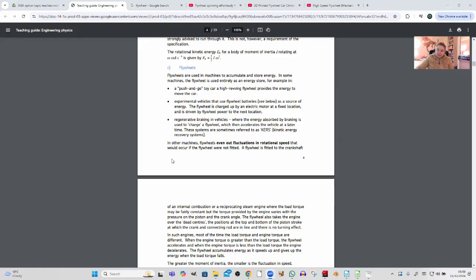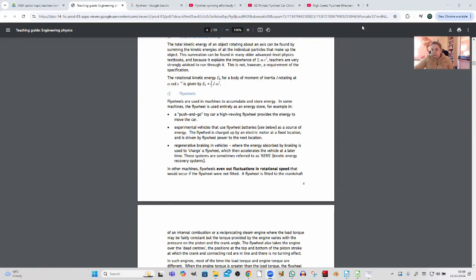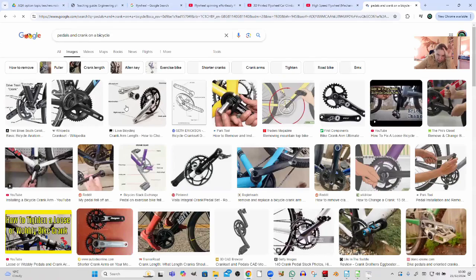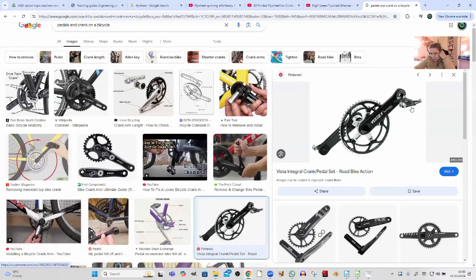Okay, in other machines, flywheels even out fluctuations in rotational speed that will occur if the flywheel were not fitted. So the flywheel is fitted to the crankshaft. Now, the crankshaft is a part of a rotating engine, and it's the bit that goes round. If you think about the pedals on a bicycle, let me pull up... Okay, so this is the pedal.